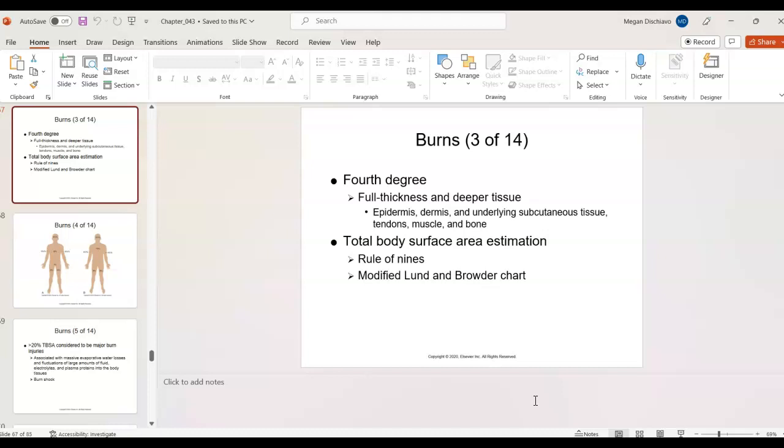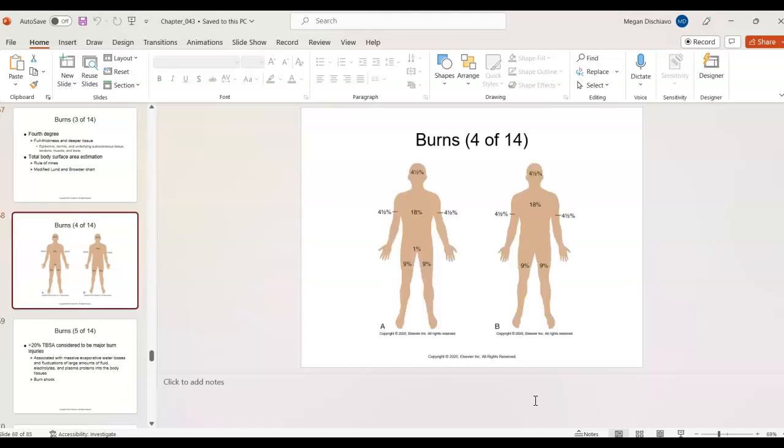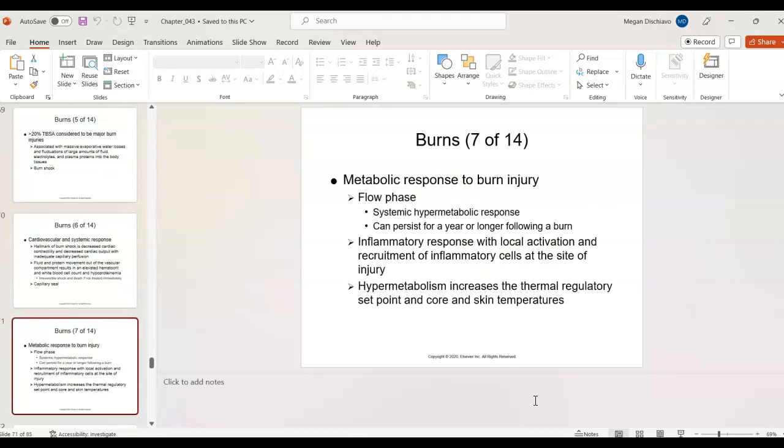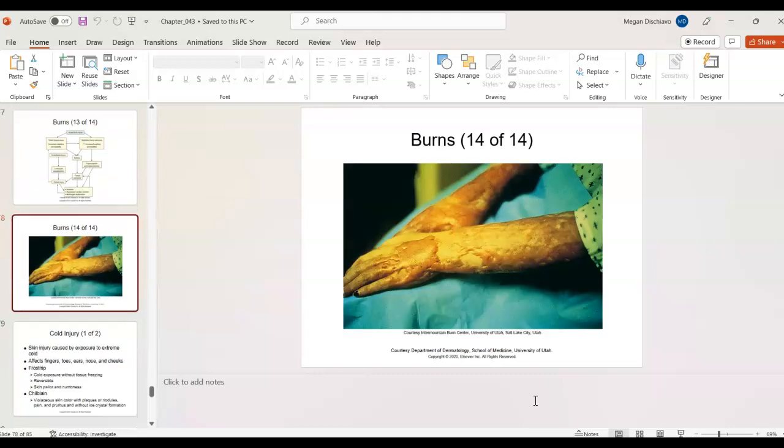Total body surface area estimation. And the basic gist of it is, with the worst burns, if they're on a smaller area, there won't be as much of a problem. If you have like a 4th degree burn over a huge amount of the area of the body, you have a lot more water loss. So know that breakdown. I think that's an important thing to take with you.